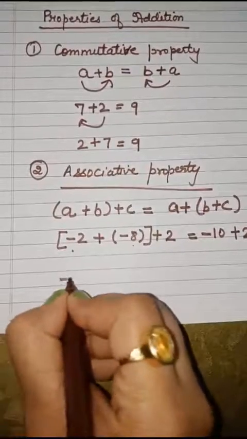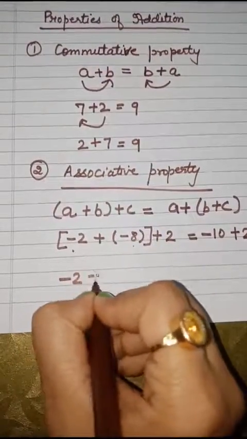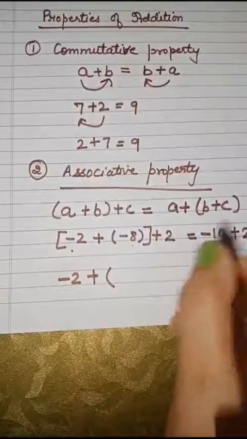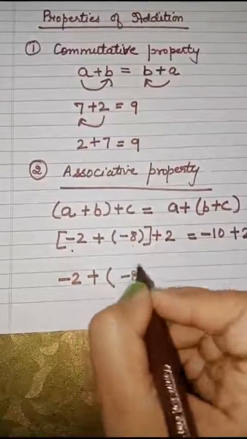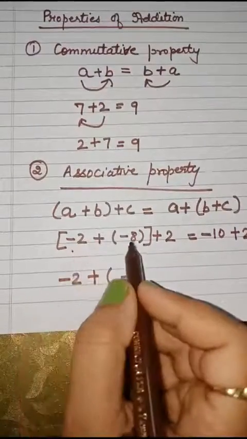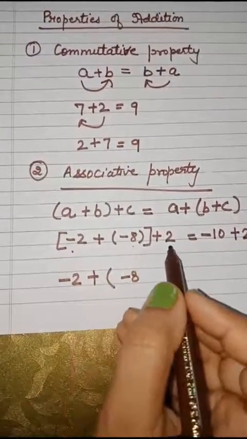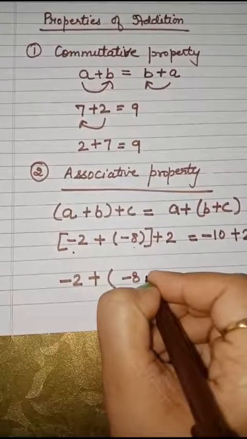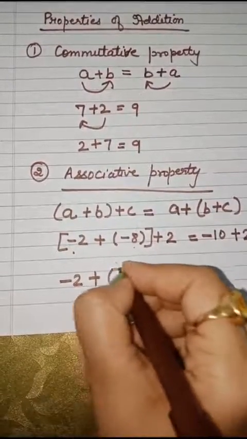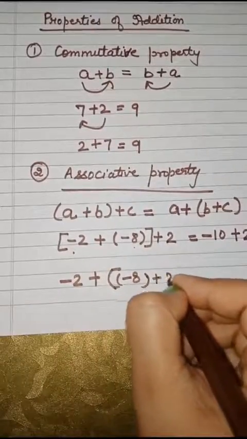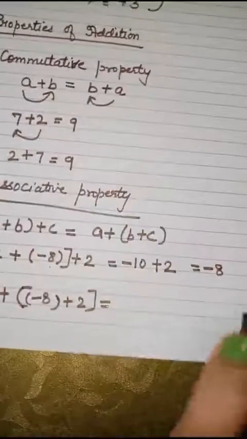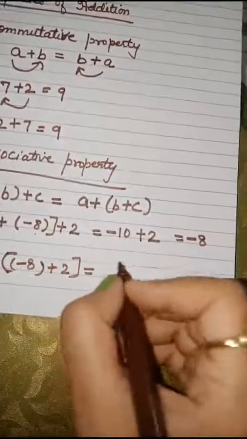like minus 2 plus (b plus c), here a is minus 2, b is minus 8, and c is 2. So b plus c, minus 8 plus 2. Now solve this. First we'll open this square bracket.